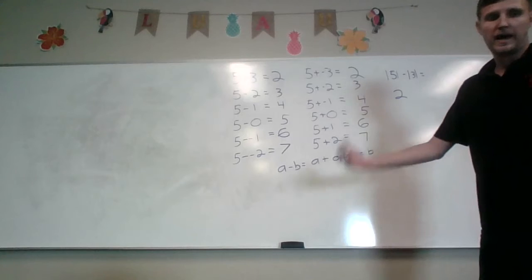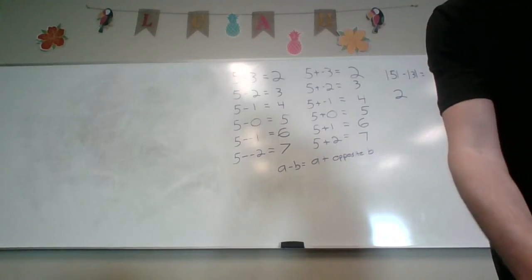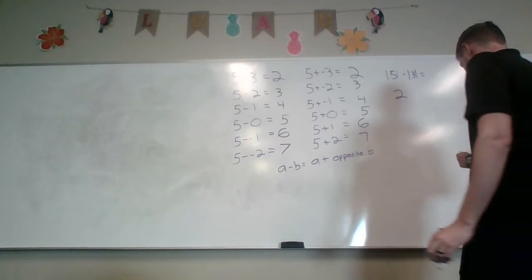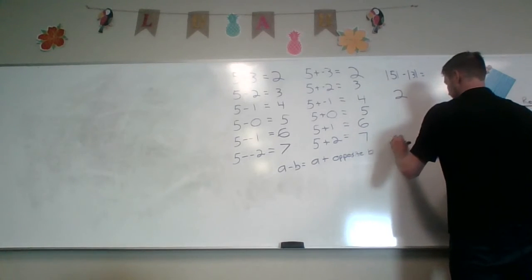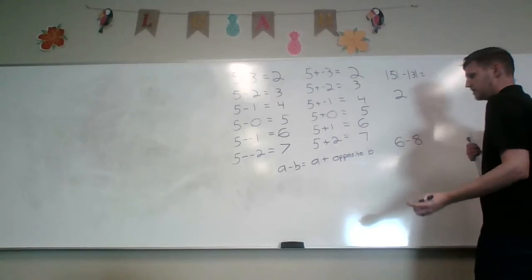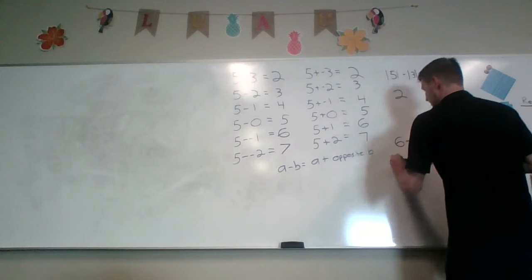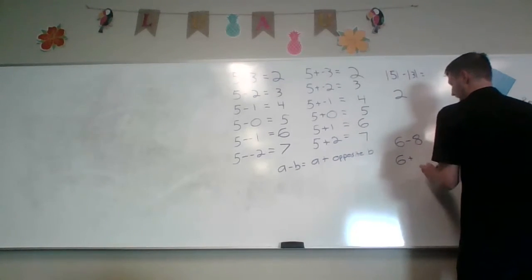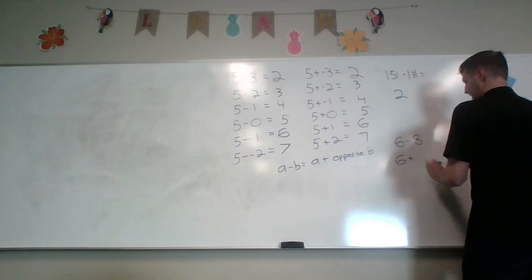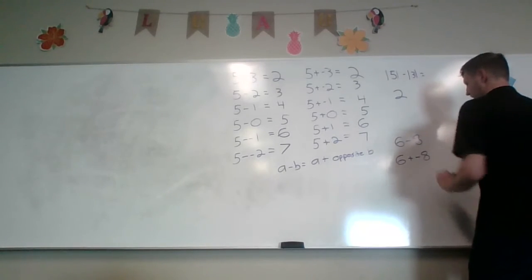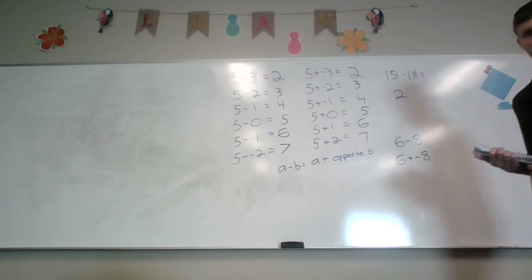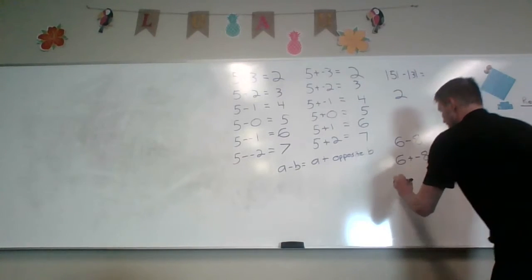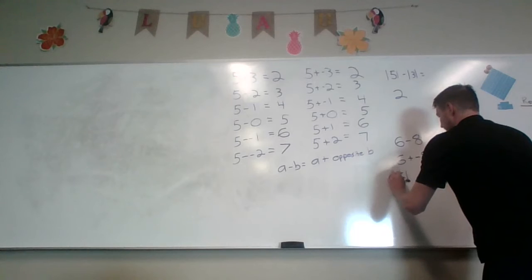So if we had any number, I'm just going to pick one from your skill check. The skill check says 6 minus 8. Okay, 6 minus 8. So I'm going to keep my 6, change it to a plus sign. The opposite of positive 8 is negative 8. So if I'm doing the plus, that's where I'm going to go back to this absolute value. We know how to do the absolute value.